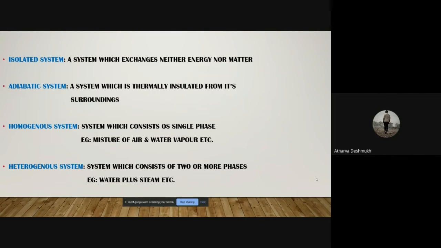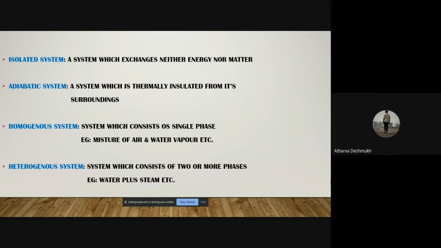Other systems which we know are the isolated system. An isolated system exchanges neither energy nor matter, which means not just matter but also energy is not exchanged. Next is the adiabatic system, which is thermally insulated from its surrounding.